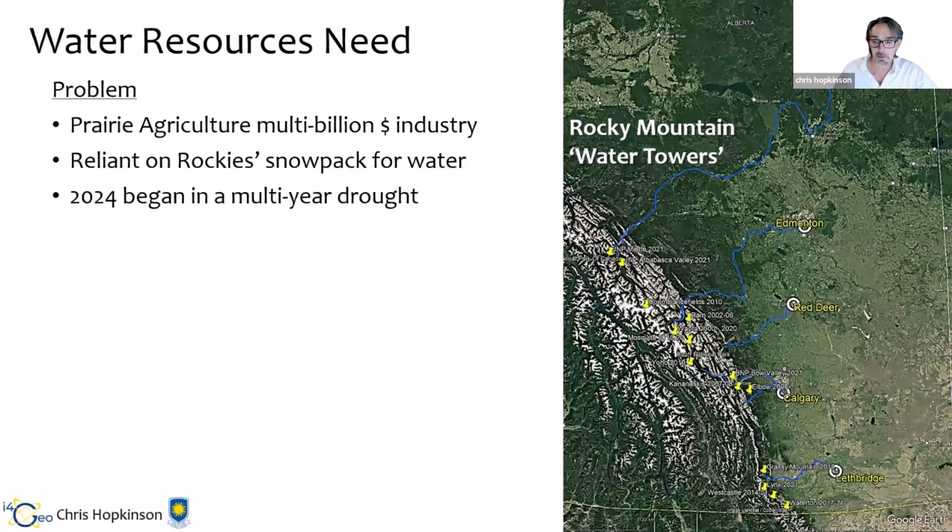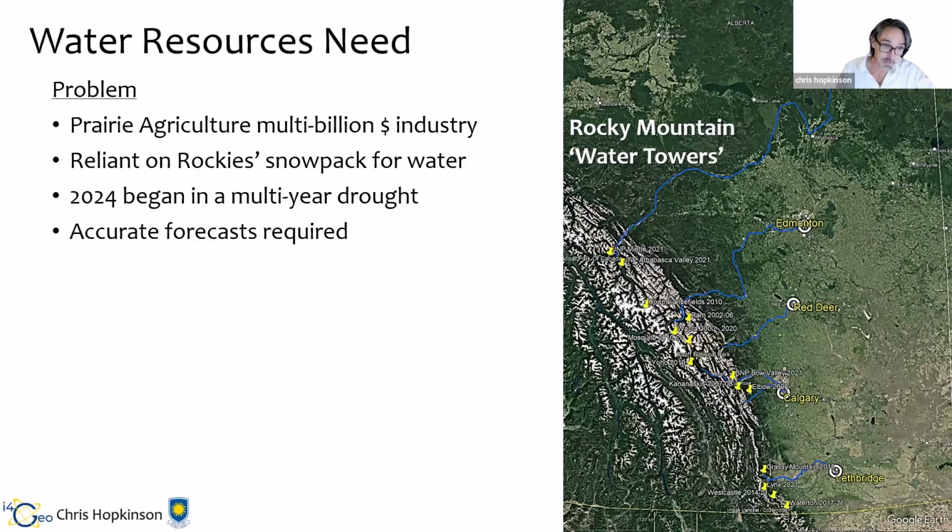And of course, that's what happened at the beginning of this year. We had multiple dry years, and as of January this year, very, very little snow in the headwaters. Now, later on, we did get a bit more, but things didn't look so good in January. And so that's what motivated this project, primarily because we need monitored data to support forecasts through a variety of modeling scenarios and statistical estimates.